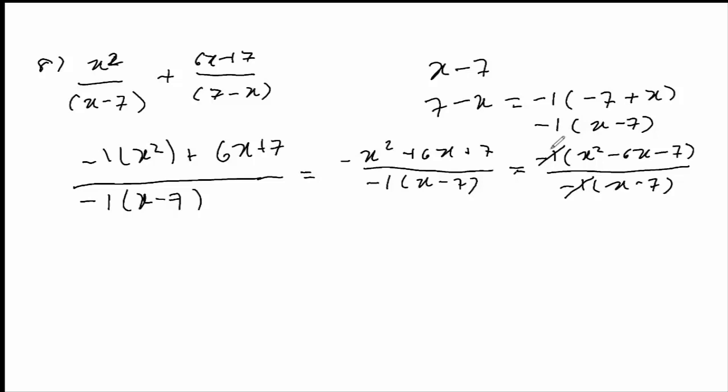And now we have x squared minus 6x minus 7 all over x minus 7.